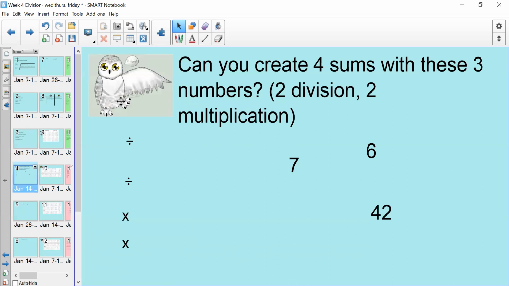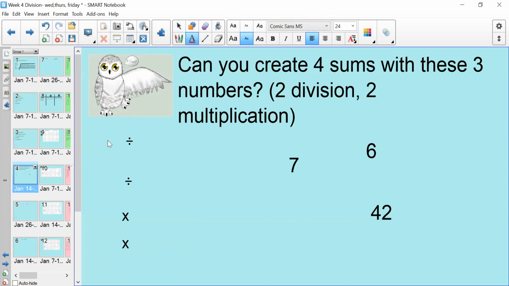Okay, well done. So if you had done division sums first, I hope that you would have noticed that when we have a division sum, most of the time, the whole number, the biggest number, is the first number. And then we can divide by a part, so 42 divided by 7, which will equal 6. We wouldn't even need to work that out because we've got the 3 numbers here already.